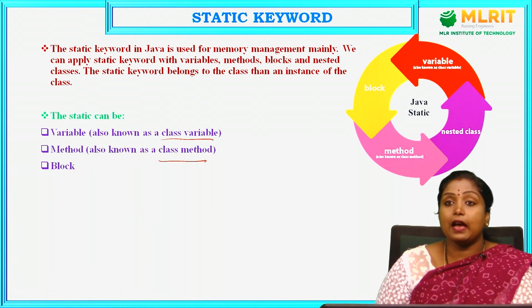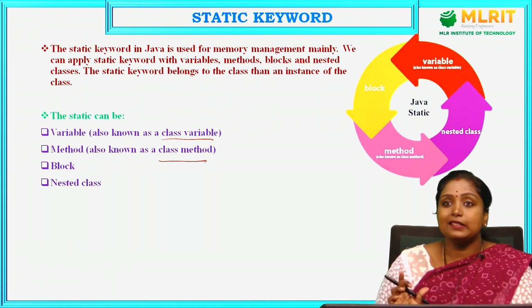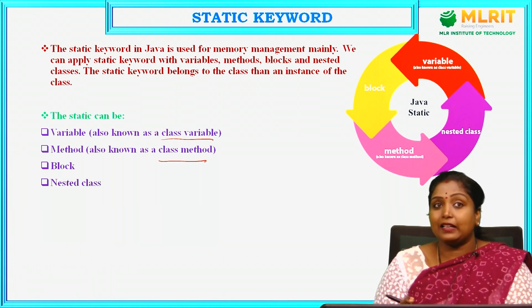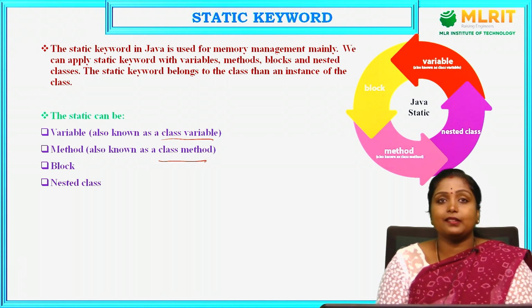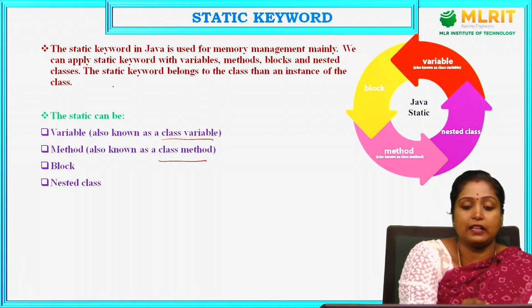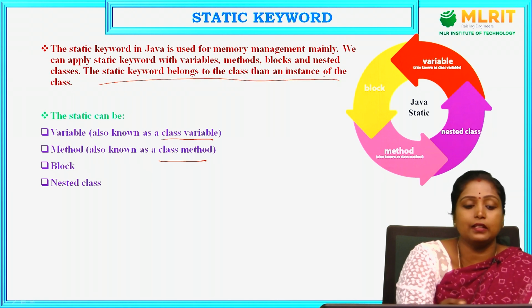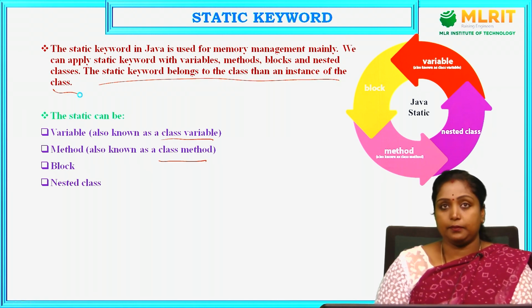You can have a static block, and you can have a static class or a static nested class. The static keyword belongs to the class rather than an instance of the class.